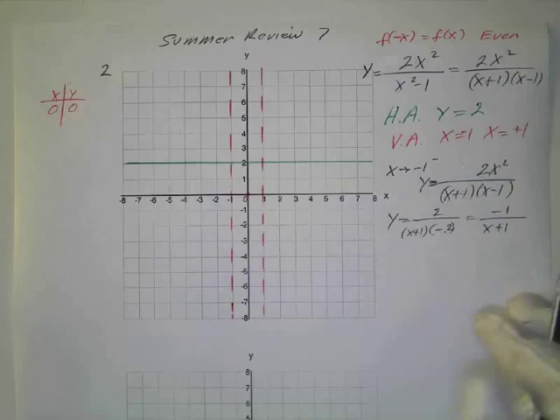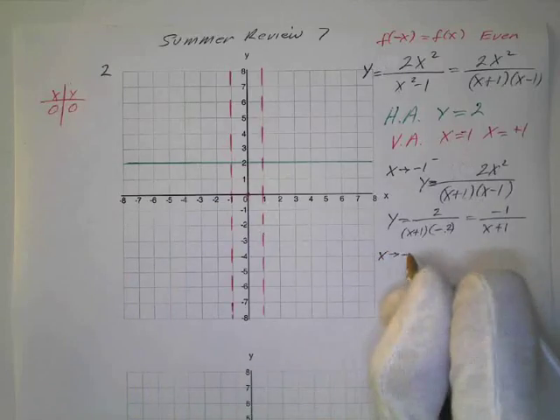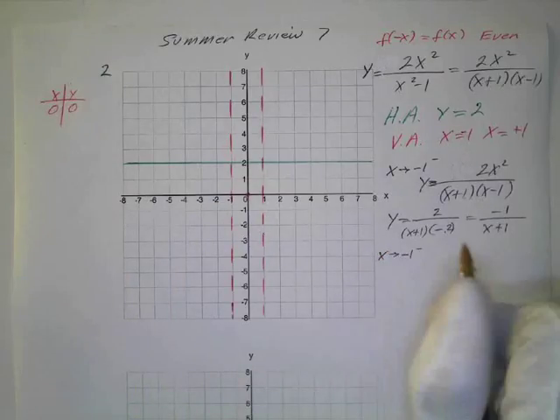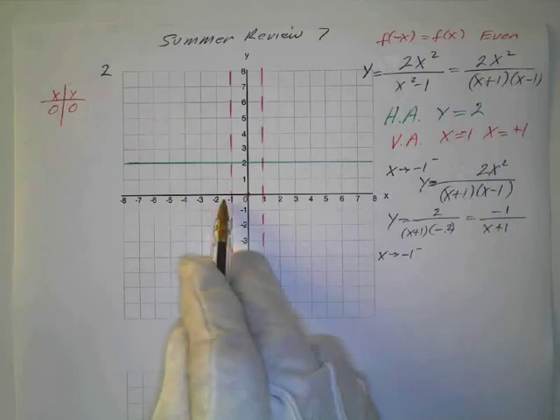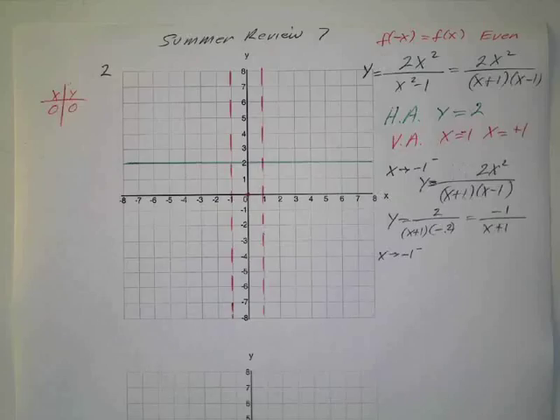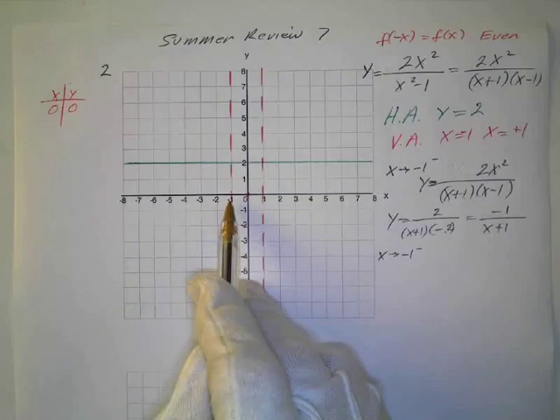So we use a small approach. So as we get closer and closer to negative 1, so as x approaches negative 1 from the left, we're going to be over here. Let's say we might have negative 1.99999, something like that.